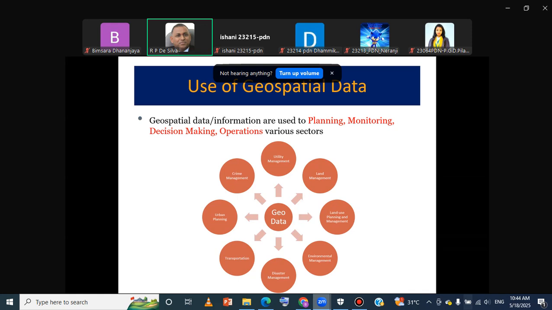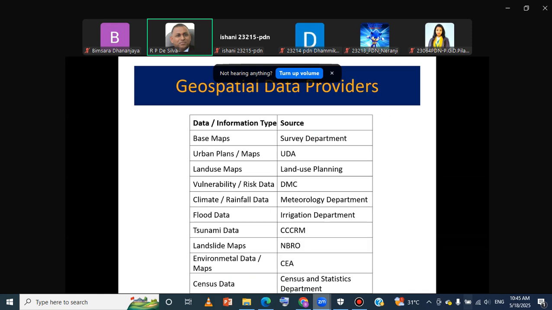So we have various areas where this geospatial data are said to be very, very critical. We need to look at these areas because whatever value addition we do with the data should facilitate the smooth transfer of data to these various sectors for their information needs.